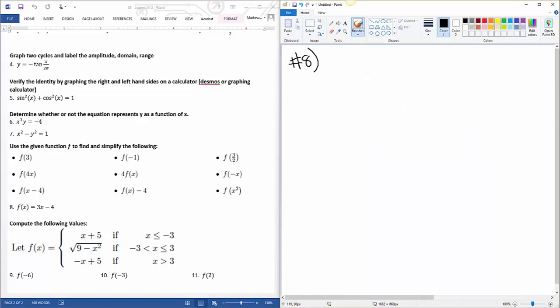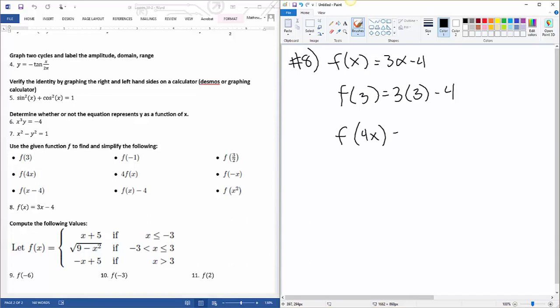So it says use the given information f to find and simplify the following. I'll pick a few of these. If I have f of x equaling 3x minus 4, well, f of 3 means I plug in 3 for x, and you simplify that. If I have f of 4x, that means where my x is, you replace it with 4x.